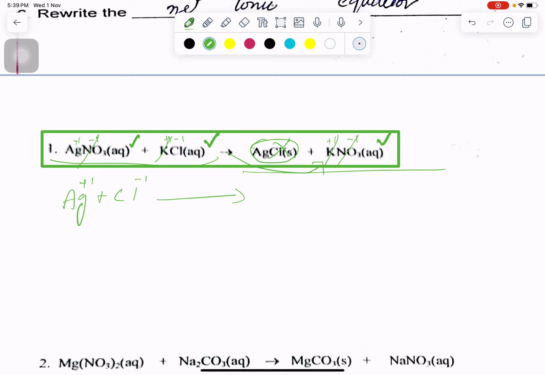What we have now is AgCl, which is in solid form. This is your ionic equation. This is in solid form and these both were in aqueous. So write it like this.